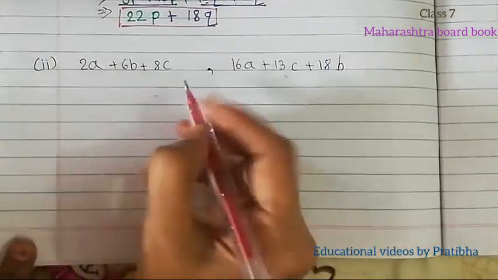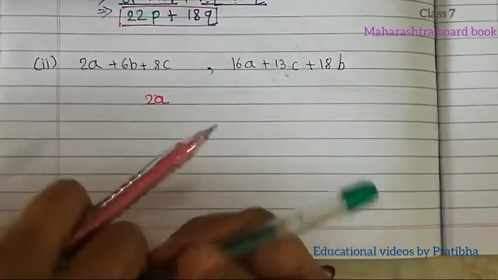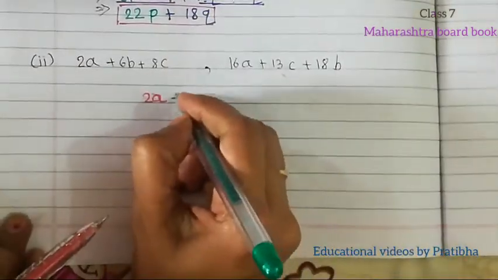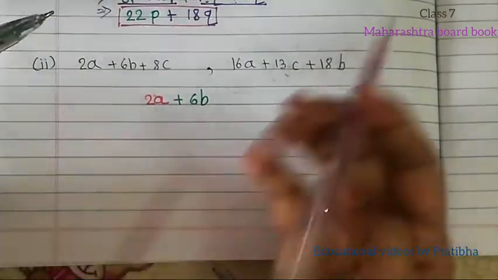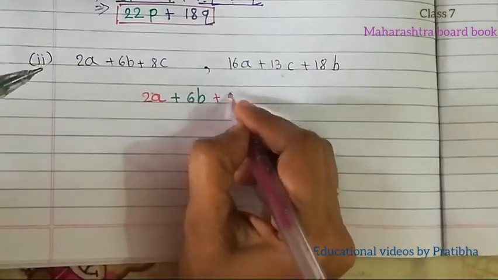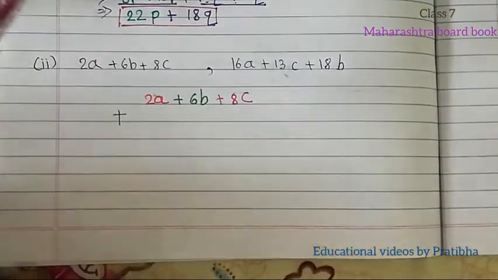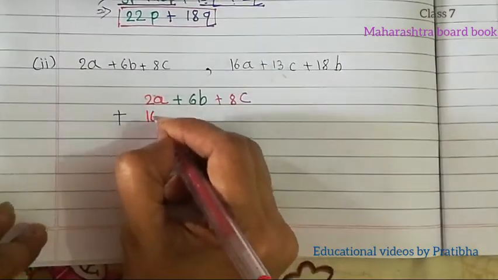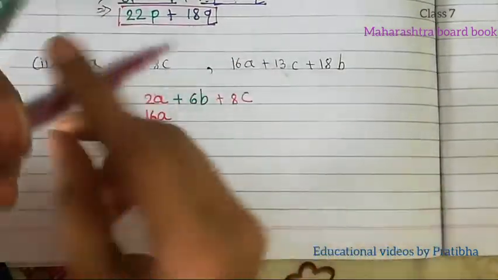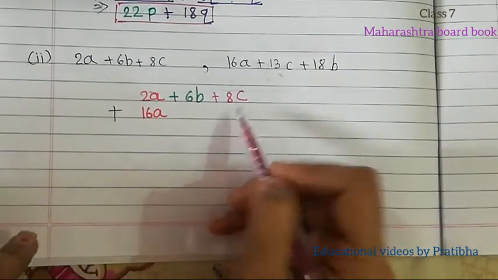First I'm writing the first term, that is 2a. Now I'm going to write the second term, that is 6b, and now the third term, that is 8c. All the terms are positive, so here I'm going to give a plus sign. Now I'm going to write the second expression, 16a plus 13c. So 13c will go here beneath 8c.